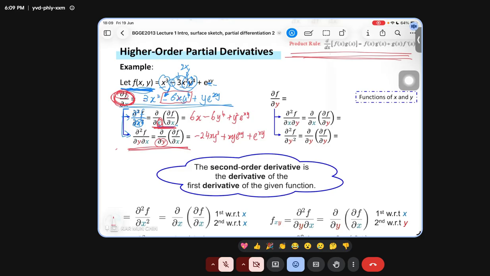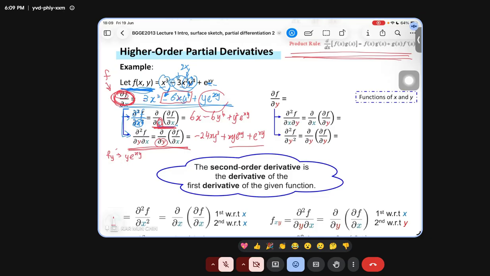Guys, you can use this product rule. I can show one time how we get from this to here. Your function, you want to differentiate this with respect to y.